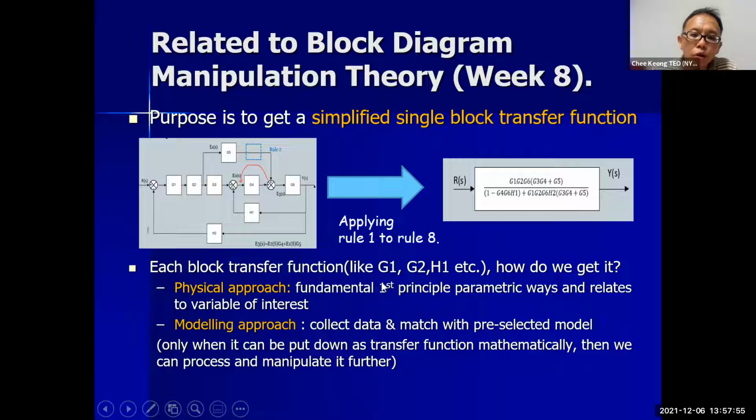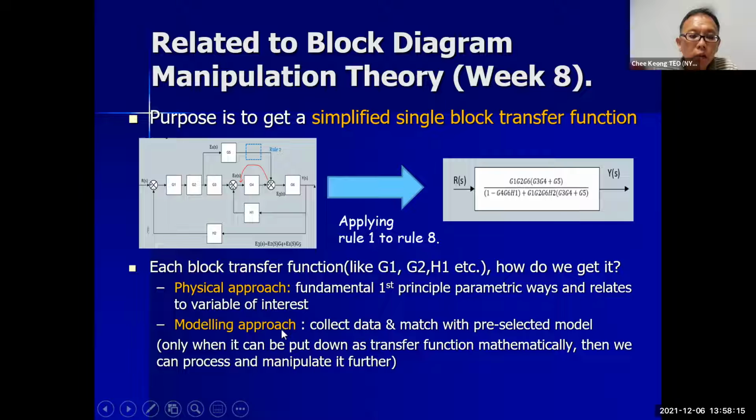Now, each of these blocks, G1, G2, and H1, etc., how do we get them? In order to get all these G1, G2, G3, we basically have two approaches. One of them is a physical approach, looking at the first principles and relating them to the various variables of interest.